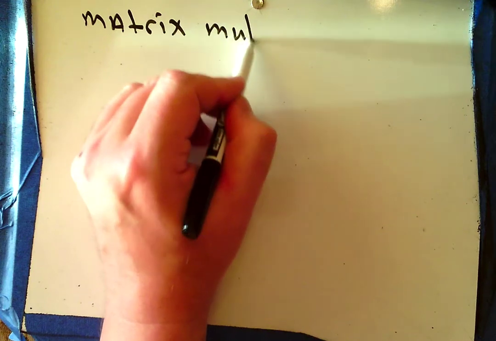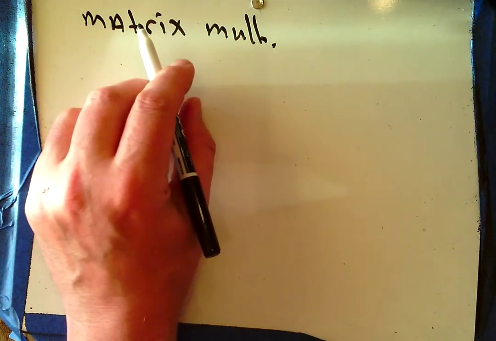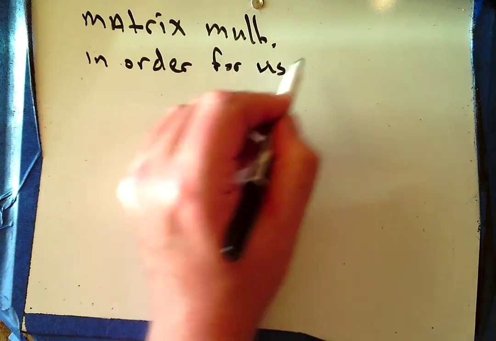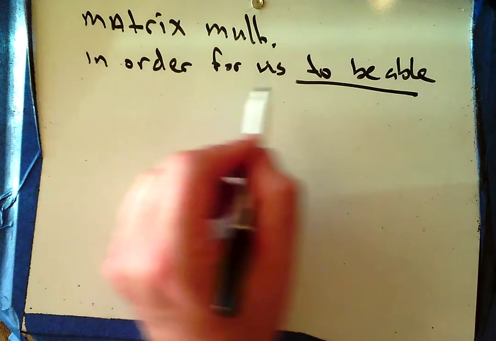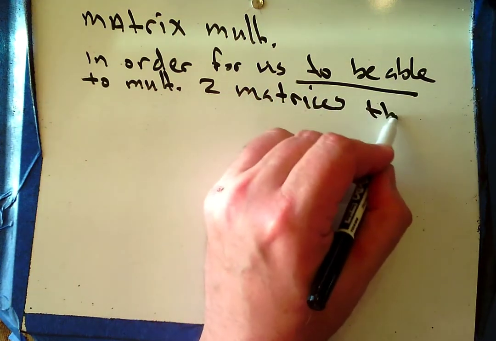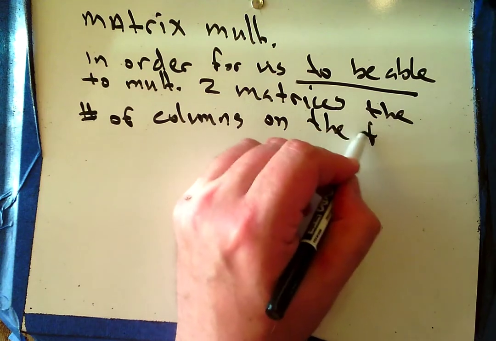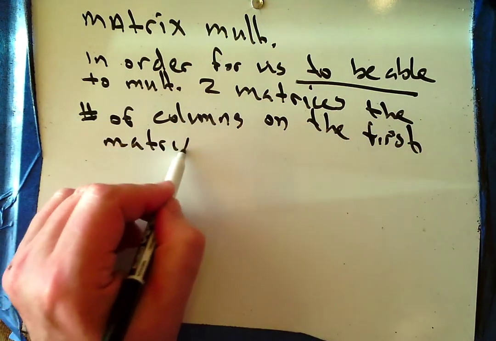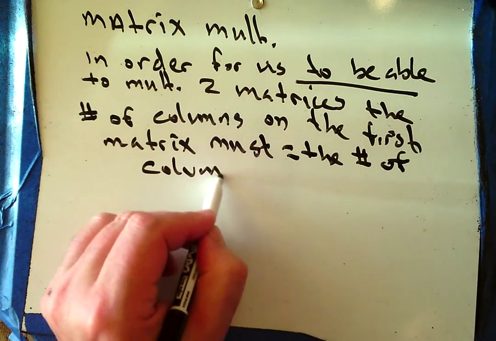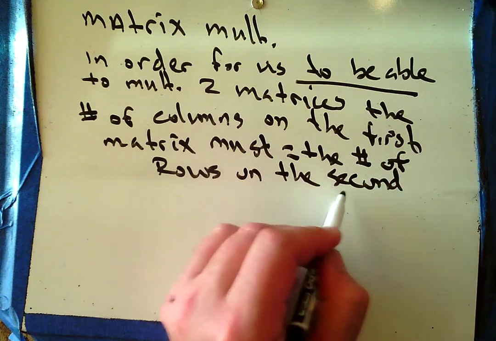First thing I want to say about matrix multiplication is that, in order for us to be able, just to be able to multiply two matrices, the number of columns on the first matrix must equal the number of rows on the second matrix.